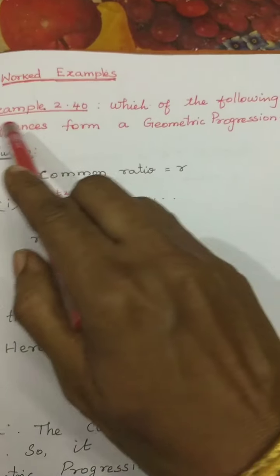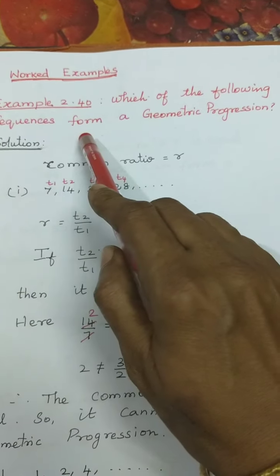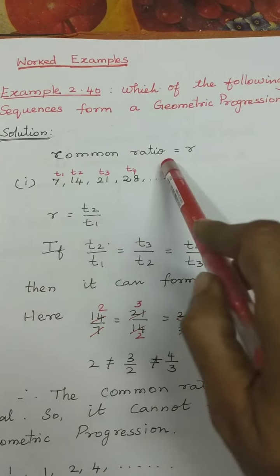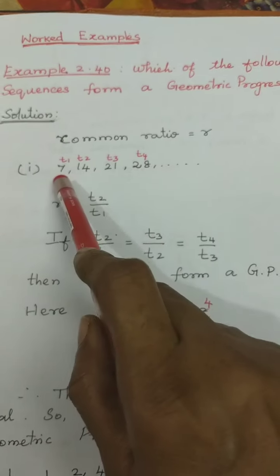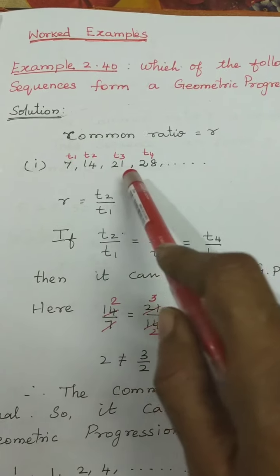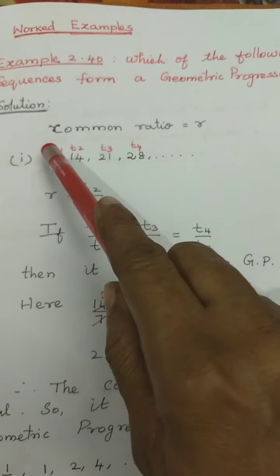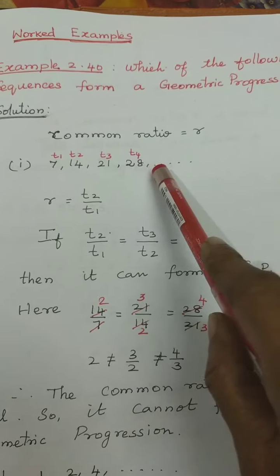Now we shall see the example 2.40. Which of the following sequences form a geometric progression? Here the common ratio is r. They are given the sequence 7, 14, 21, 28. Okay. We have to take these as first term T1, second term T2, T3 and T4.